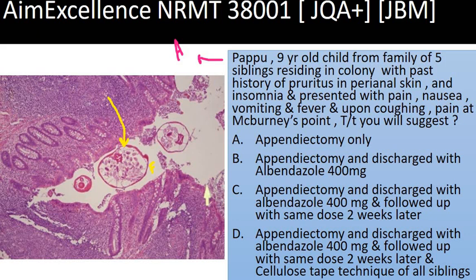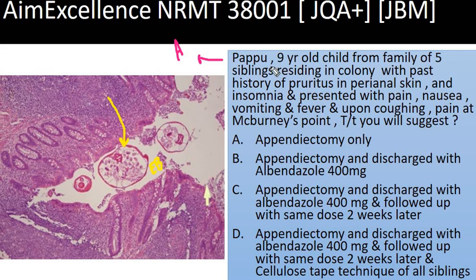This is actually obstructing the appendicular lumen, stopping the lymphatic flow, eventually causing infection and necrotic changes and leading to the appendicitis. There can also be neutrophil infiltration out here. So this is a case of appendicitis.